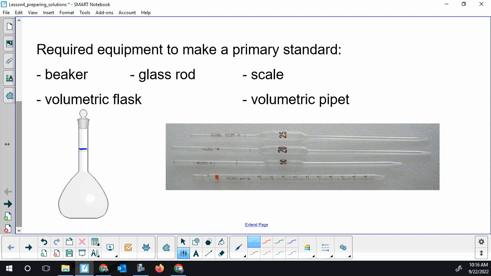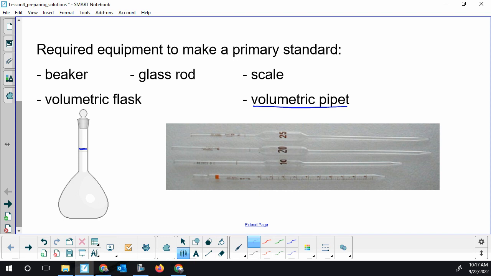I put volumetric pipettes on my list. We're not going to need them right now for the primary standard, but we're going to dilute our primary standard and use a volumetric pipette to transfer a volume out of our volumetric flask. So that will be used shortly. They're a transferring device.